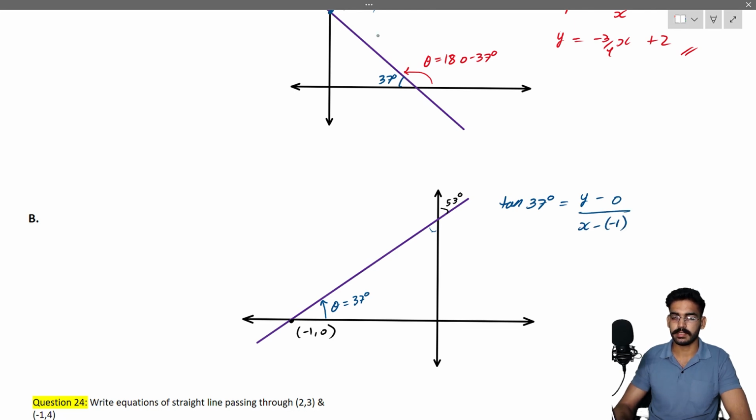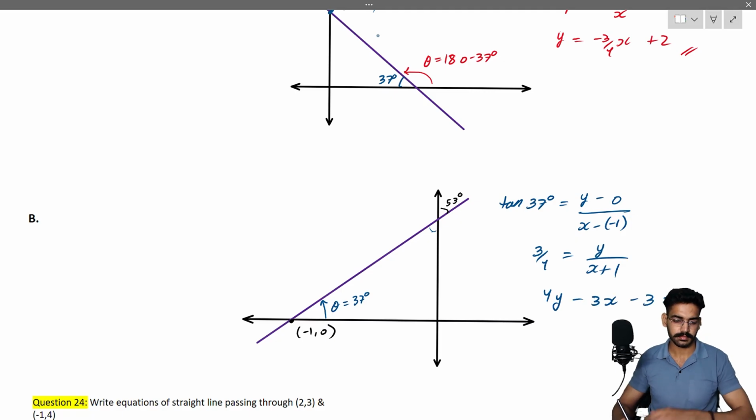You have to put the coordinate with sign. So tan 37, which is 3 by 4, equals y by x plus 1. So the equation of the line is 4y minus 3x minus 3 equals 0. I hope this is clear.